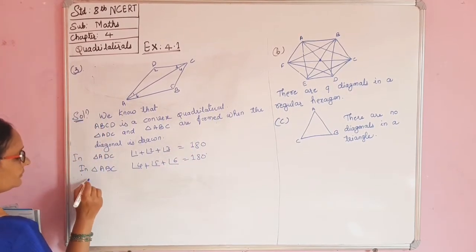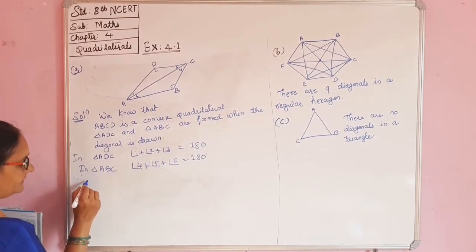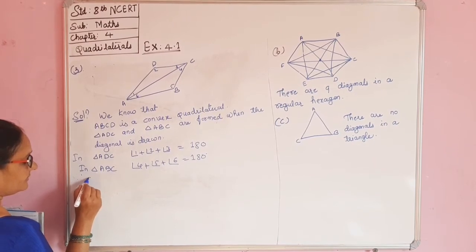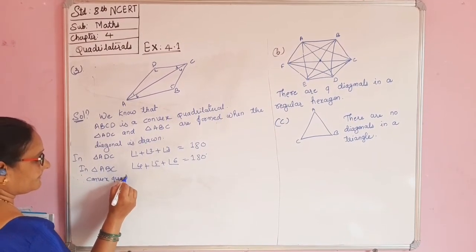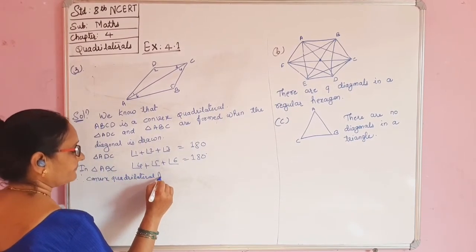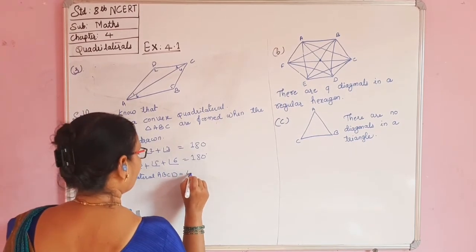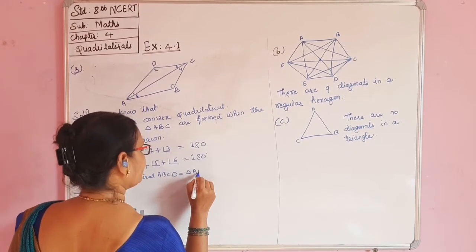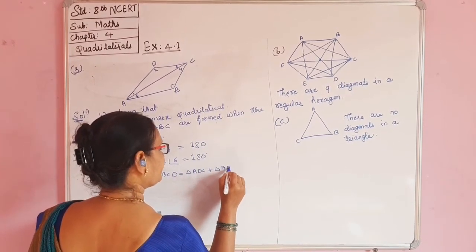So therefore convex quadrilateral ABCD is equal to triangle ADC plus triangle ABC.